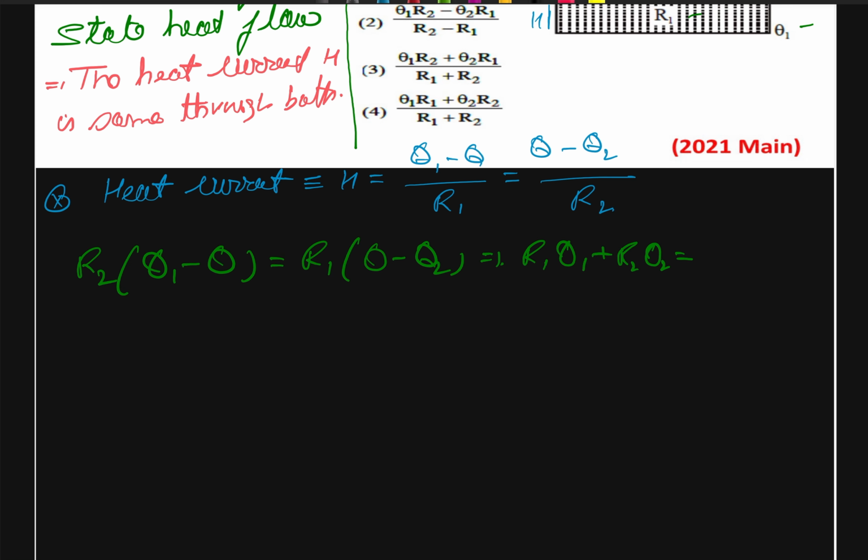So this is our theta. Okay, and this comes as our R2 theta and R1 theta, and we are left with this will be equal to R2 theta 1 minus R1 theta 2.